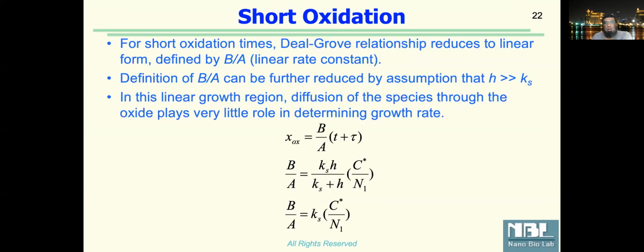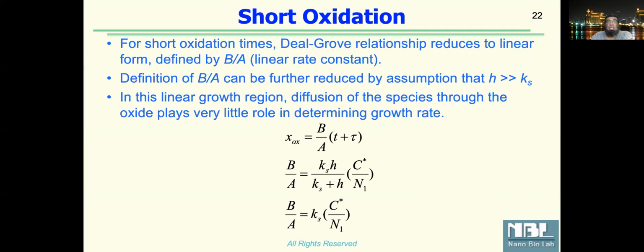Now, there are different ways how we look at it. If you do very short oxidation, we have a linear relationship, which means that whatever oxygen comes in reacts with silicon. So the equation reduces to this linear relationship where we are using B over A. It's a linear rate constant.